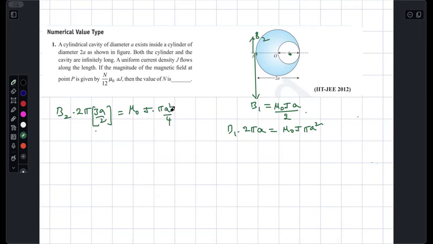Right or not? Area 2 cancel, pi cancel. So B is mu naught J A by 12.